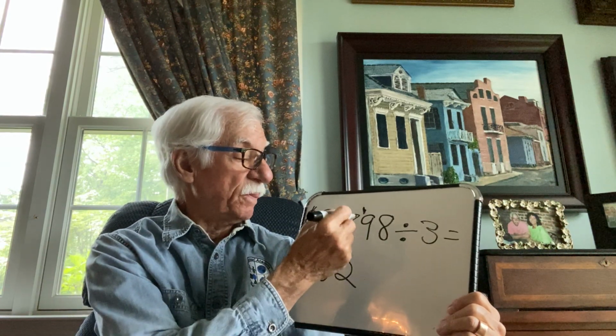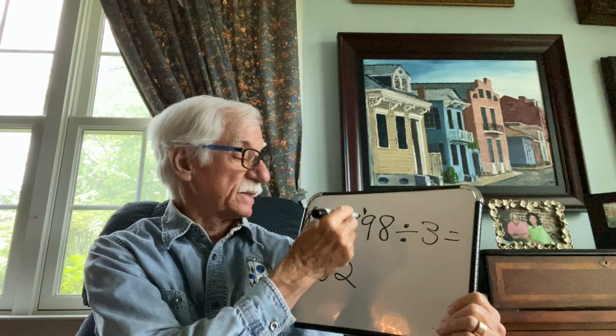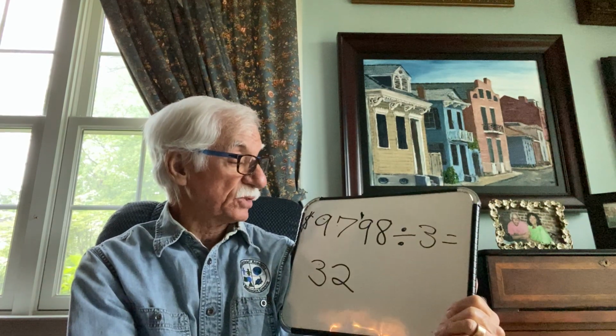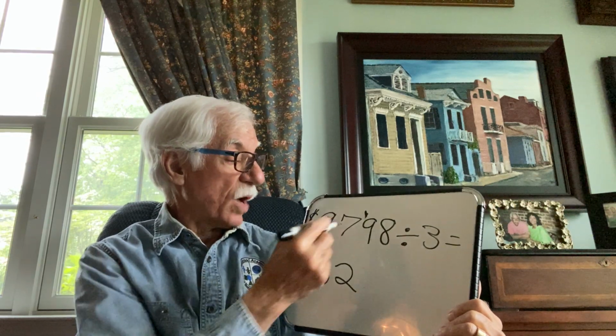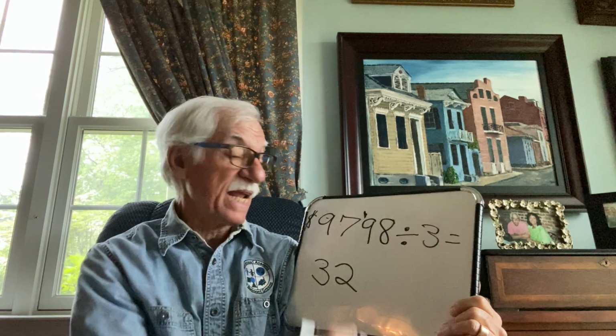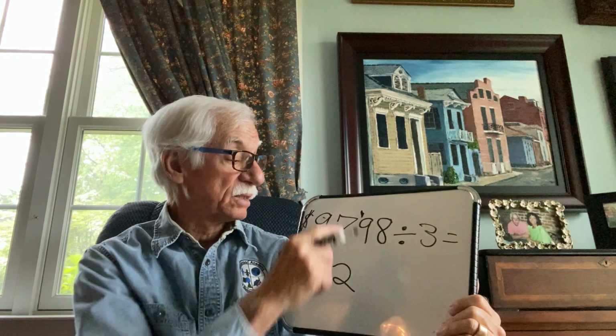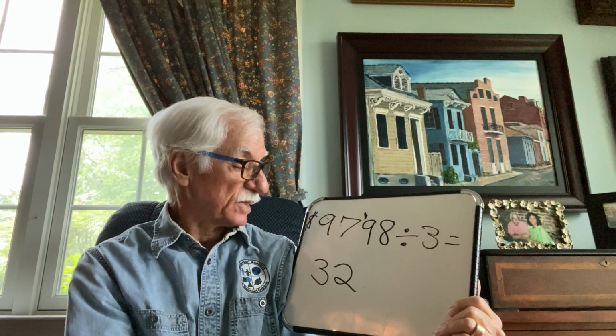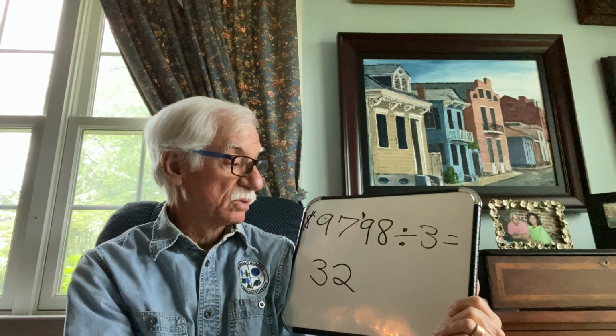So that 100 is 10 tens. I had 9 tens. Okay, so I'm going to distribute 19 tens. More complicated. 19 tens to 3, and each one of them is going to have to get the same amount.